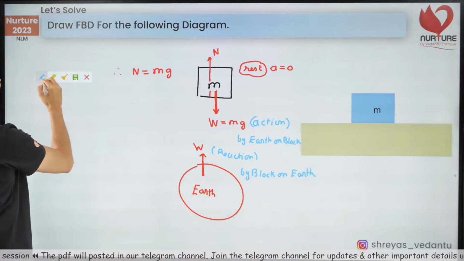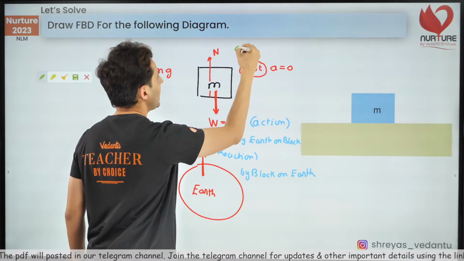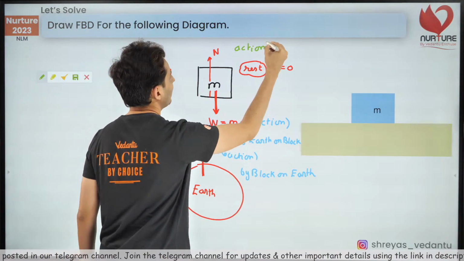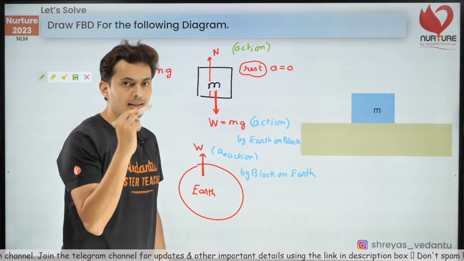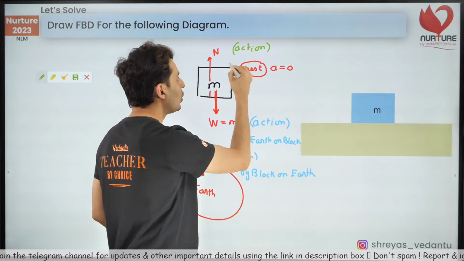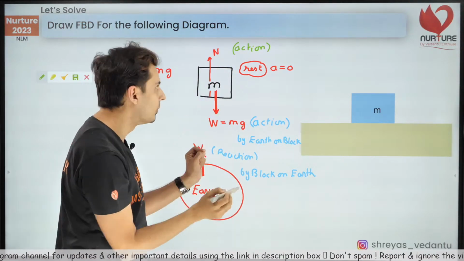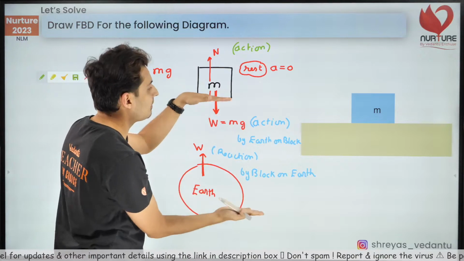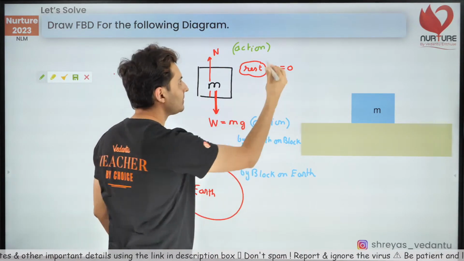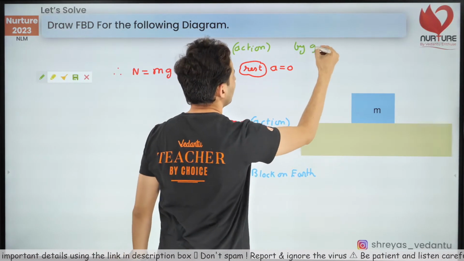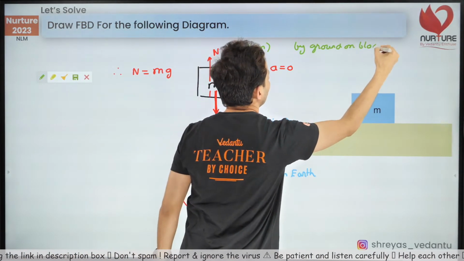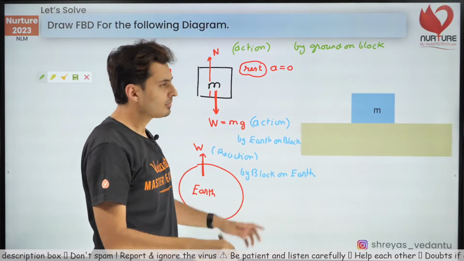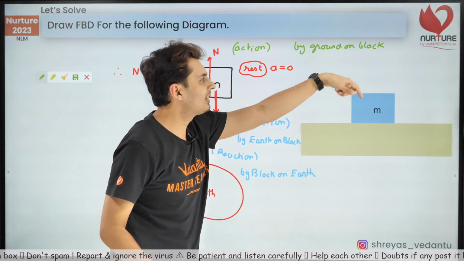Similarly, if I call this normal as the action, where is the reaction? That's my question. So first thing, who is applying this force on whom? See, this normal is being applied by the ground, that is the earth. So by the ground on the block. So the normal reaction is by the block on the ground.